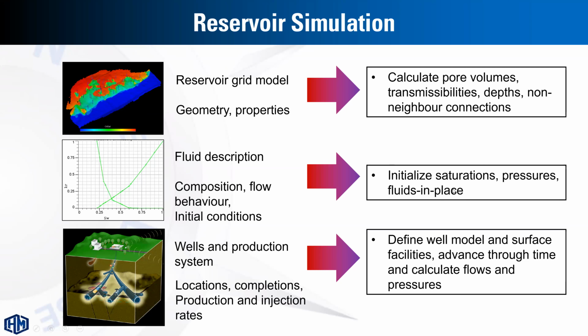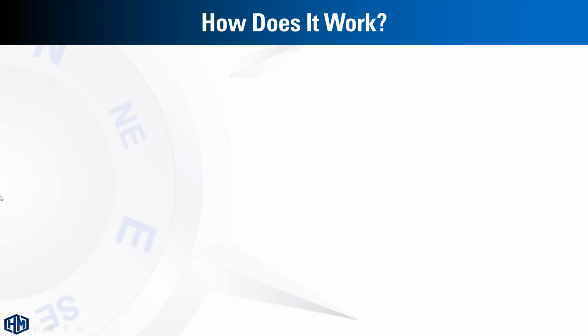The simulator can initialize the model to define initial pressure and saturation distribution across the 3D grids and calculate the in-place volume. Well and production data, well trajectory, production and injection data can be used to define well models and calculate flow rates and the pressure while running simulation.